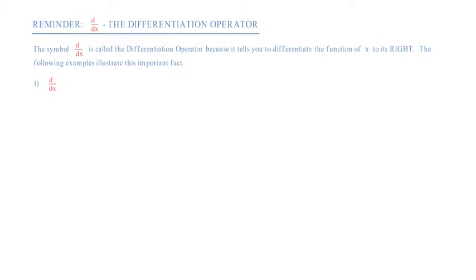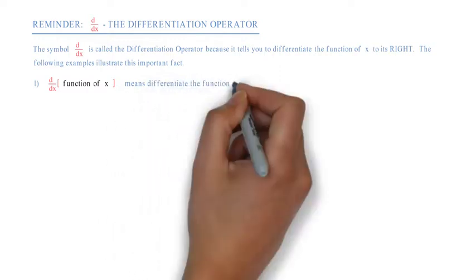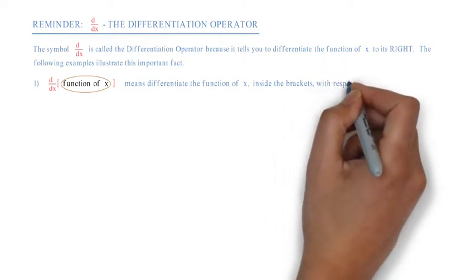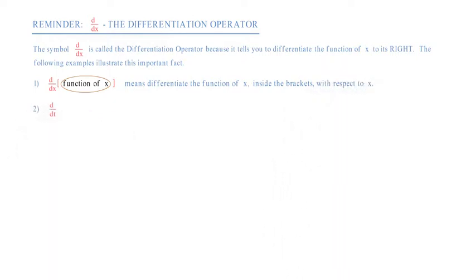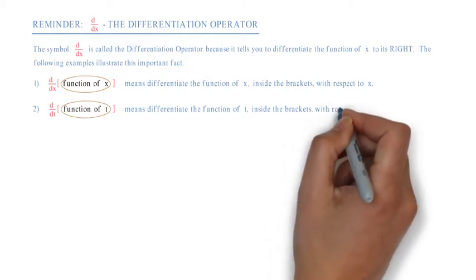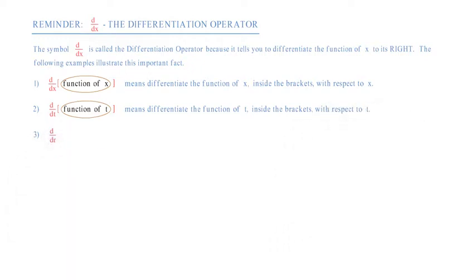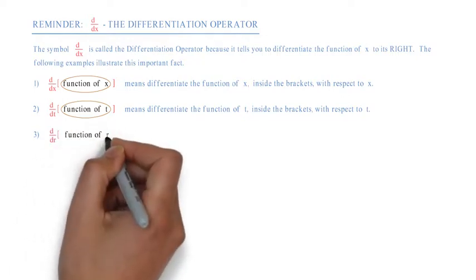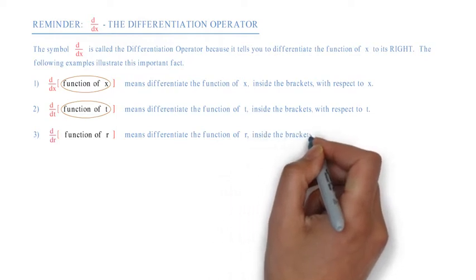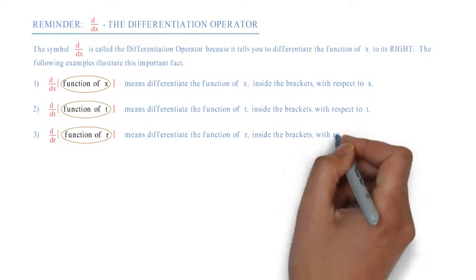1. d/dx of a function of x means differentiate the function of x inside the brackets with respect to x. 2. d/dt of a function of t means differentiate the function of t inside the brackets with respect to t. 3. d/dr of a function of r means differentiate the function of r inside the brackets with respect to r.